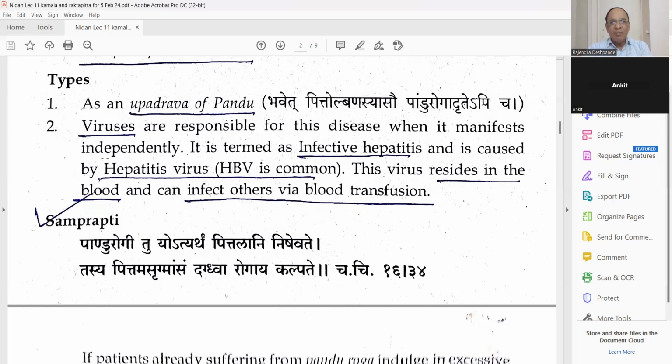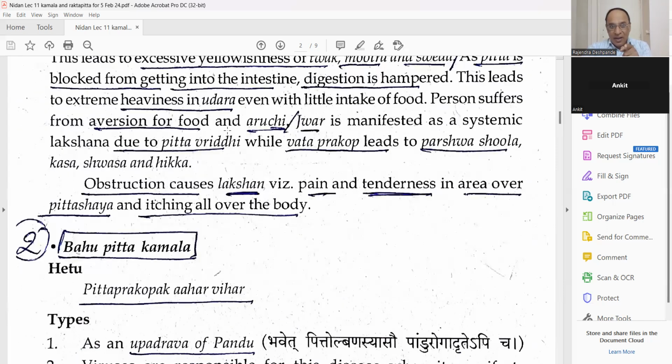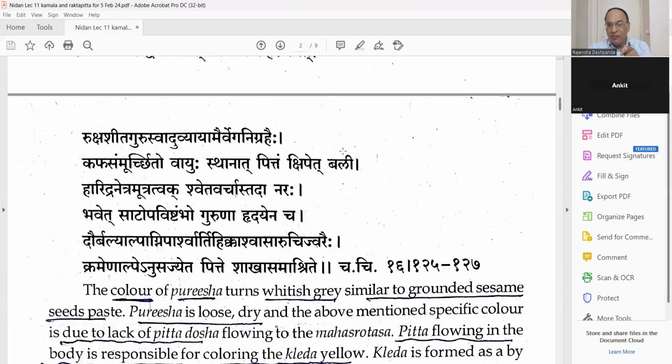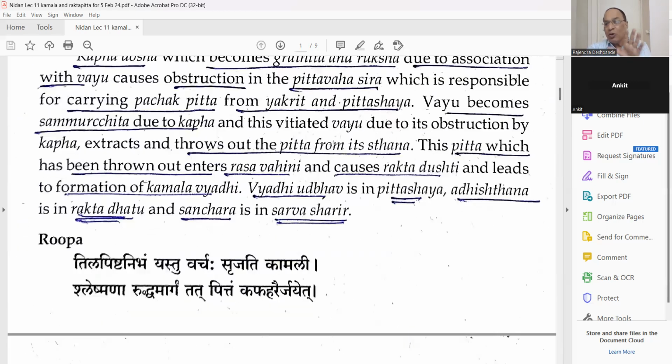This virus resides in the blood and can infect others via blood transfusion. That is called virus B, because this is not virus A. Again, don't get confused. This particular first part is related with our normal infective hepatitis because of virus A.